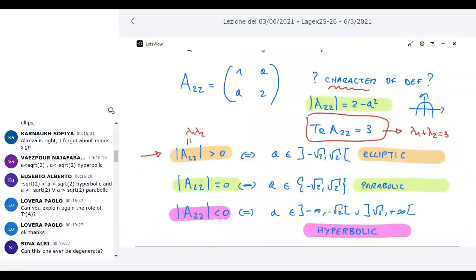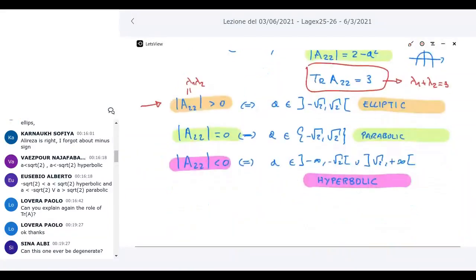And then Sinalbi says, can this conic be degenerate? Well, let's ask for that. So is C of A degenerate for any A in R? What do you think? Is it degenerate for any value of A in R?